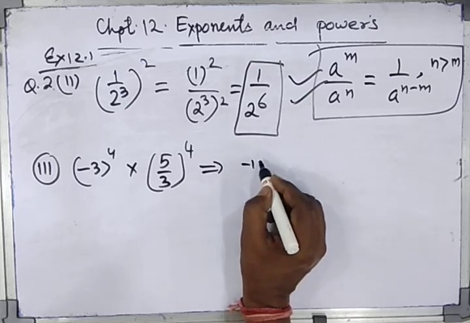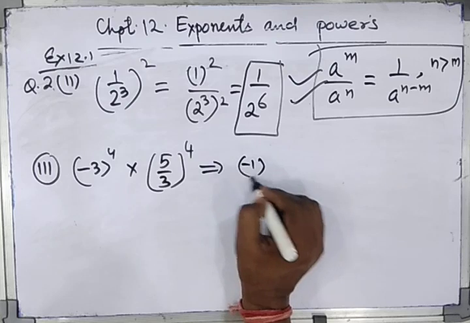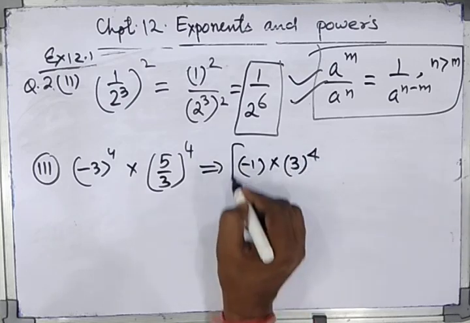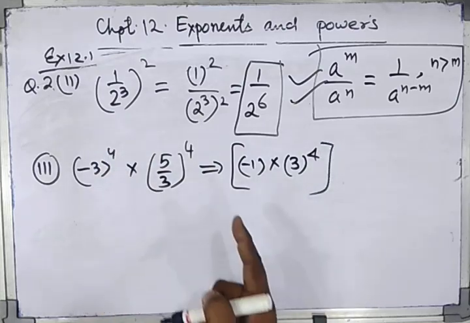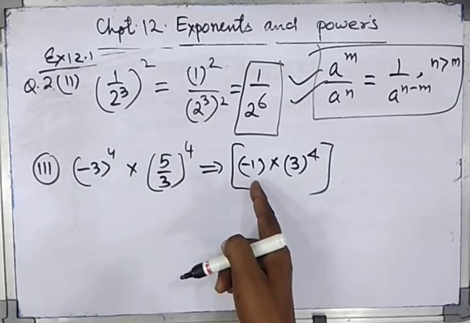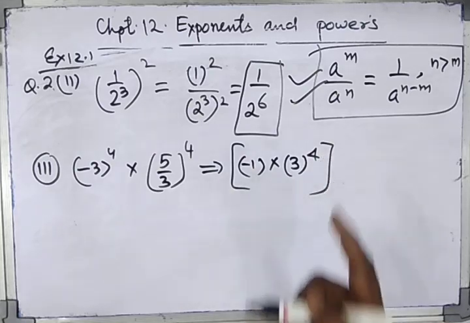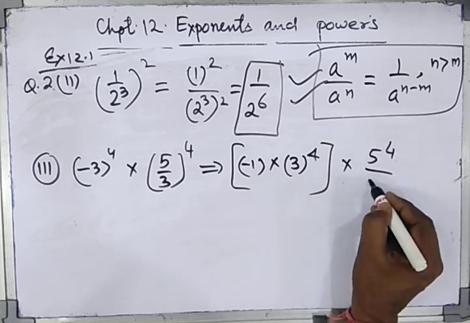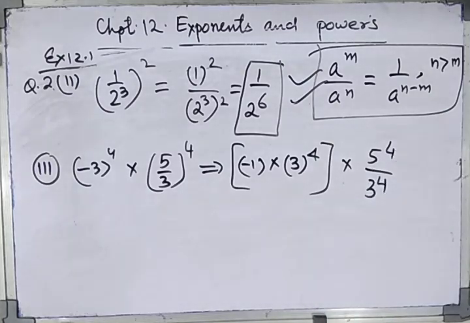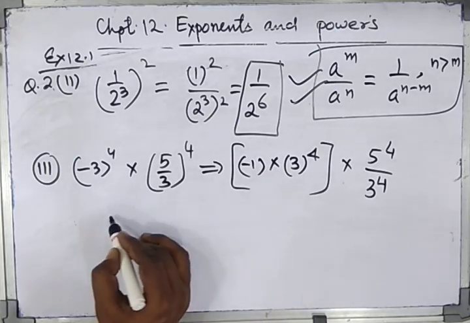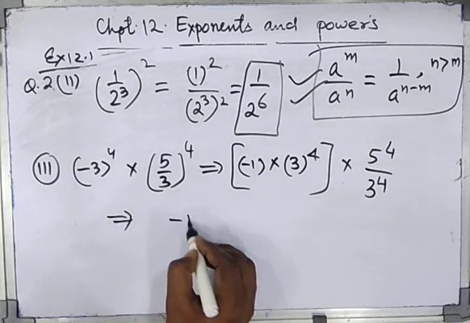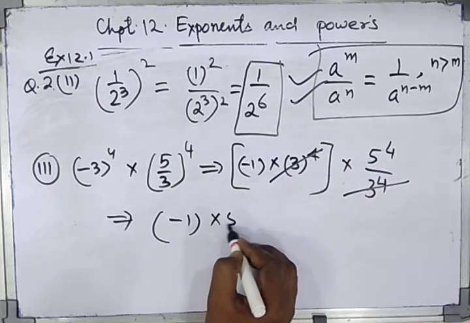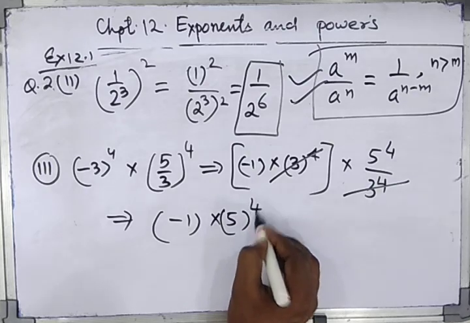Minus 3 is written in the form of minus 1 into 3, so we get minus 1 into 3 raised to 4 into 5 raised to 4 divided by 3 raised to 4. This will be equal to minus 1, and 3 raised to 4 and 3 raised to 4 will be cancelled, into 5 raised to 4.